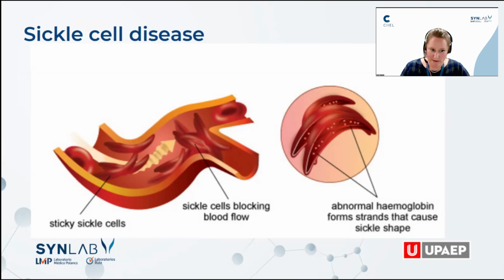But with sickle cell disease, the sickle cells get very sticky, so they can easily form clumps and block up the very small blood vessels within the body, and this is what causes the symptom of acute pain episodes.